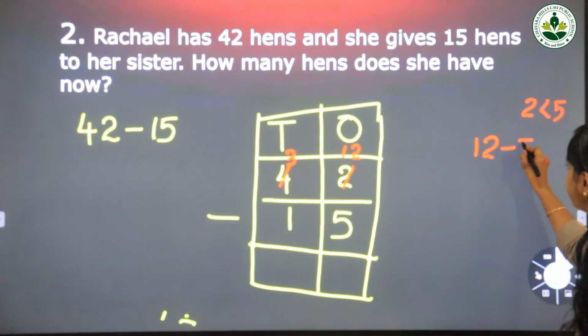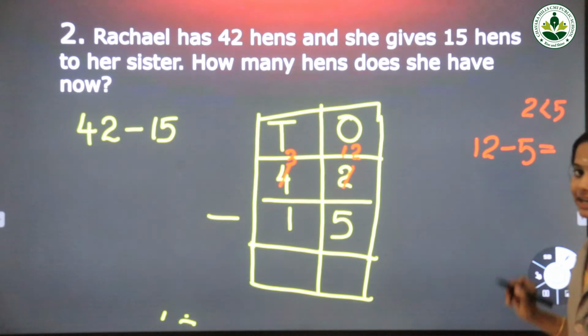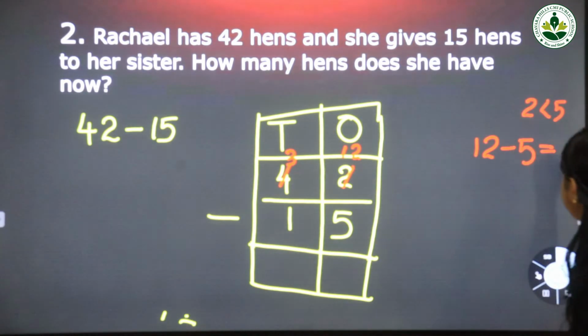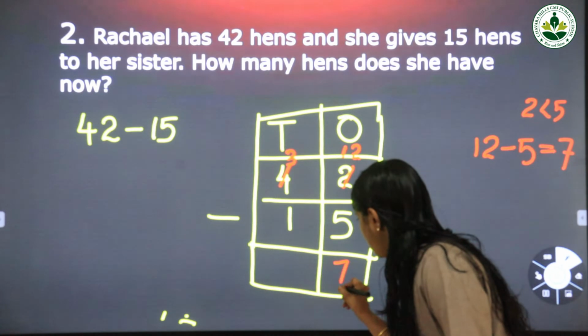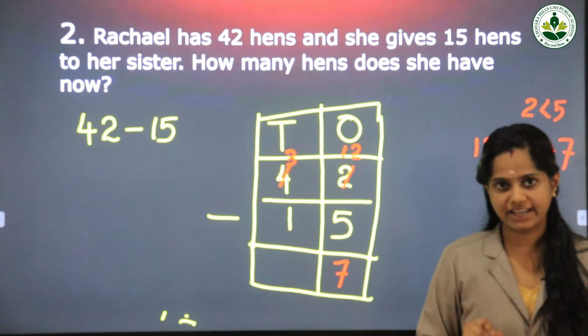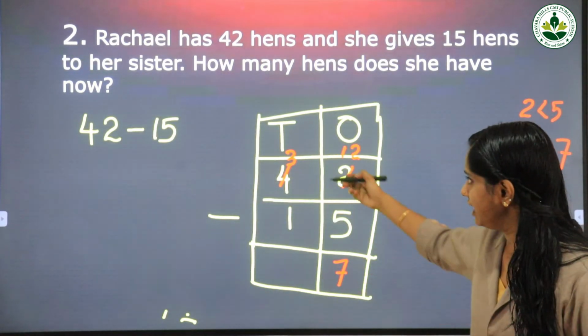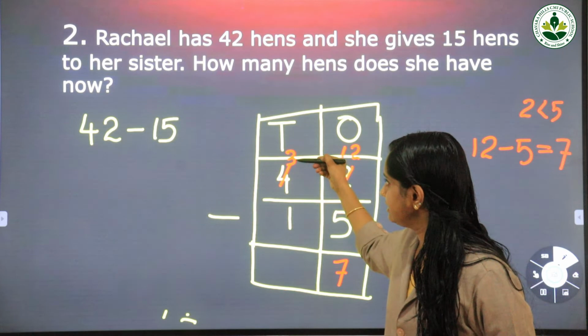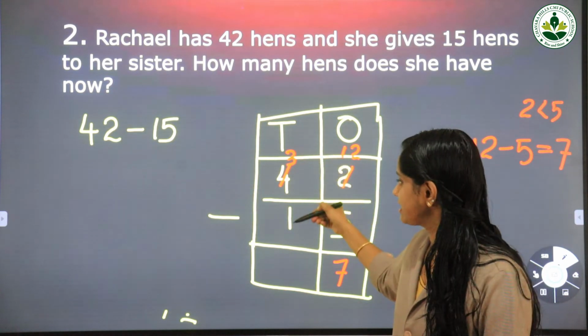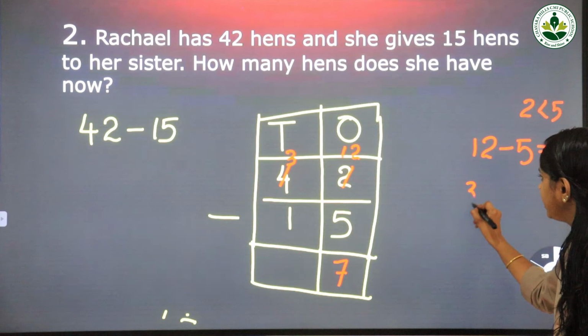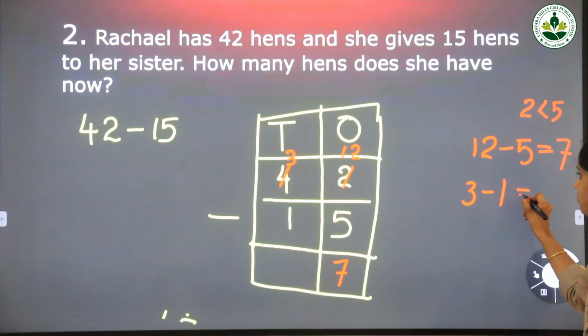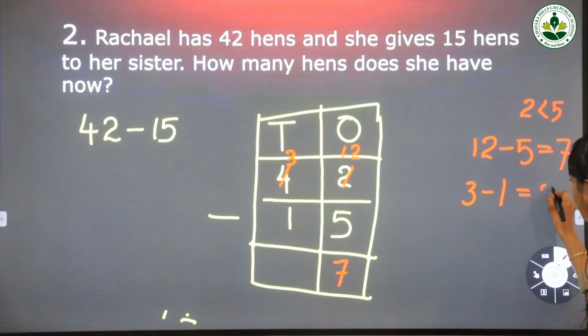12 minus 5. We know that 12 minus 5 is equal to 7. So we can write 7 in the ones column. Look here, we can see that there are only 3 tens. So we subtract 1 ten from 3 tens. 3 minus 1 is equal to 2.